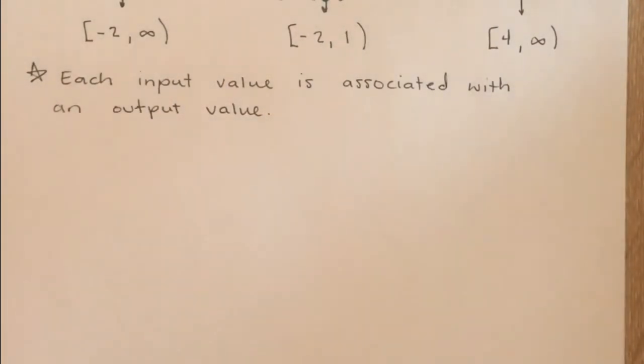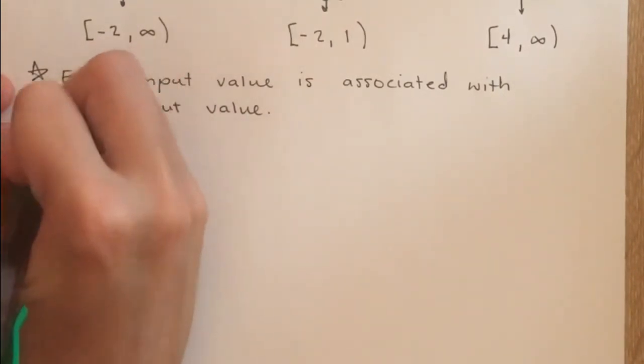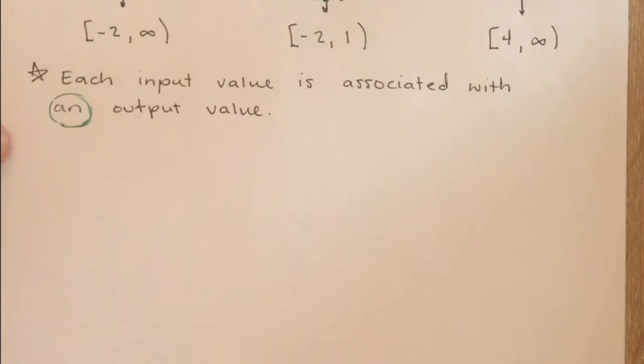And you might not recognize it yet, but there is one word in this sentence that's just a little bit more important than all of the other ones. And that word here might be a surprise. It's "and." Normally not a super important word in a sentence, but here it's very important because what it's saying is that we have exactly one output value associated with any given x value, right?